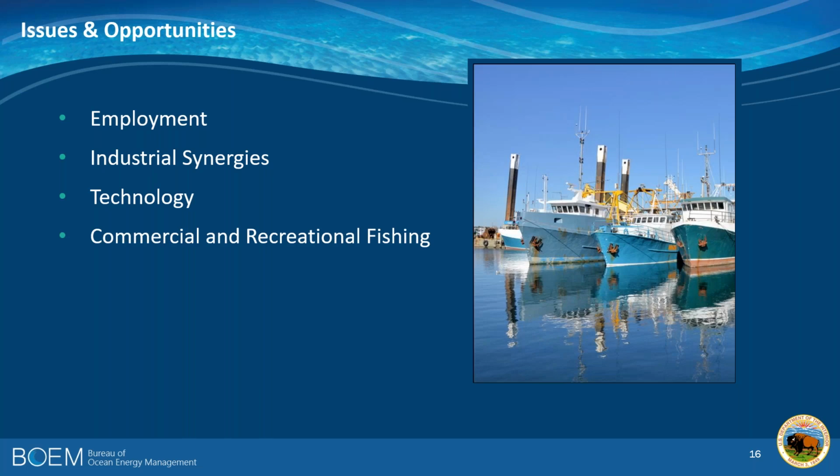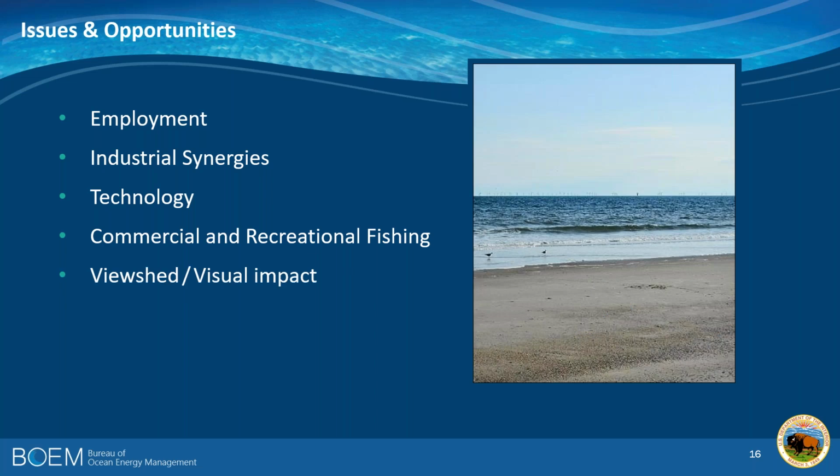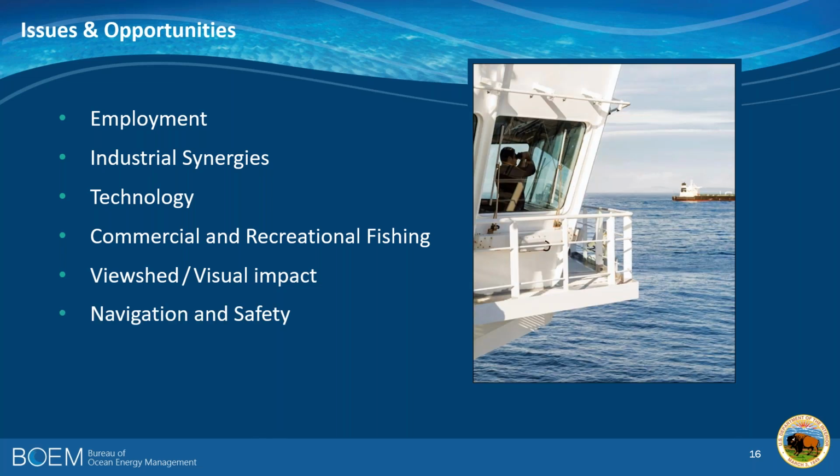We have issues that we need to address in terms of other users, including commercial and recreational fishing, which we'll talk to a little bit more over the course of the panel. There's a lot of concern about view sheds and visual impacts and the potential loss of revenue in coastal resort areas, which we need to address.